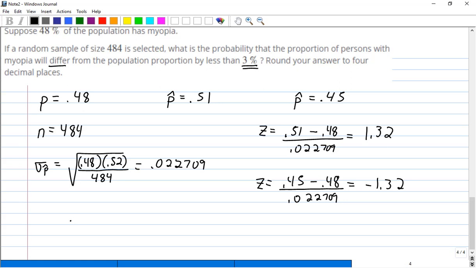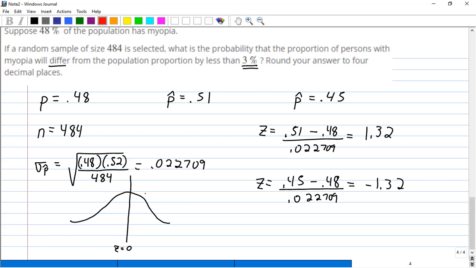So what would the picture look like? Well, we have our standard normal curve here. Right here in the middle, we'll remember z equals what? 0. Z-scores to the right of the middle are positive. Z-scores to the left of the middle are negative. So if I wanted to go 1.32 out, I'm just going to guess.